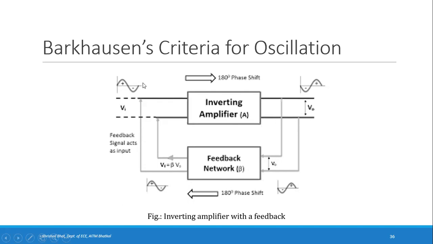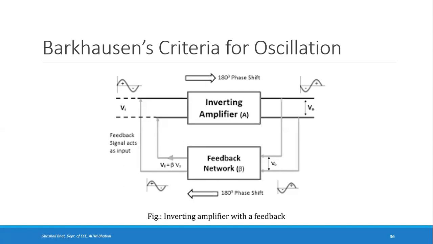Okay, so what our intention in oscillation is, we are not connecting any input voltage here. In fact, we are connecting a feedback voltage which will get amplified and you will get the signals. You might have a question like, without connecting any input, how are you getting this output? So what happens initially is, we are not connecting any AC input, but there will be some DC power supply.